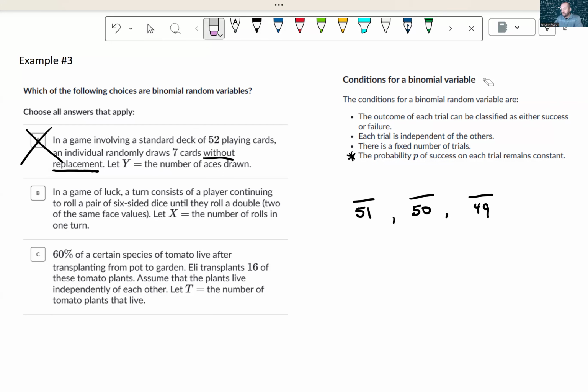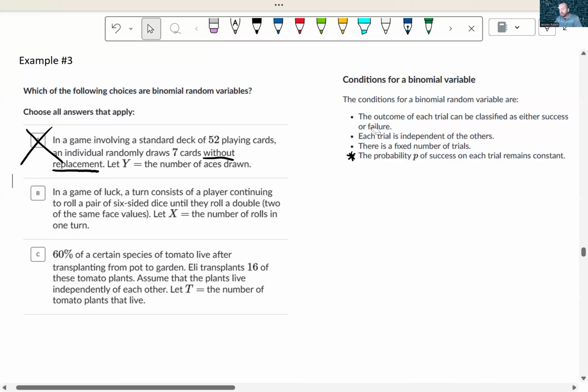All right, let's look at B next. It says, in a game of luck, a turn consists of a player continuing to roll a pair of 6-sided dice until they roll a double. Let X equal the number of rolls in one turn. The key words here are "until they roll a double."